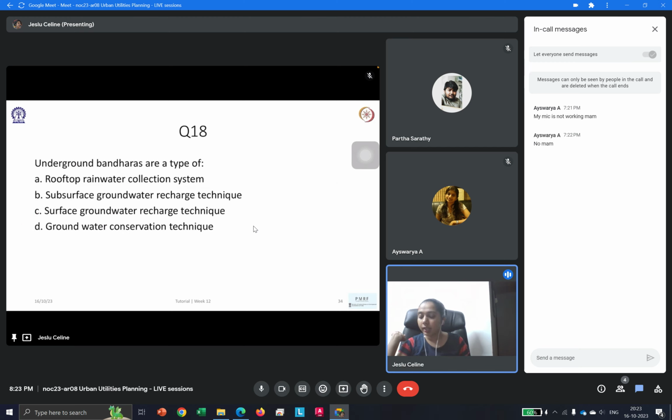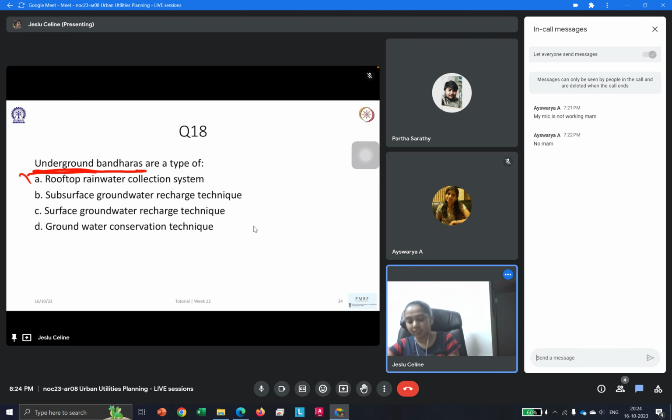Question 18. Underground bandharas are a type of A, rooftop rainwater collection system, B, subsurface groundwater recharge technique, C, surface groundwater recharge technique, and D, groundwater conservation technique. You have underground bandharas, so the first option will definitely go.